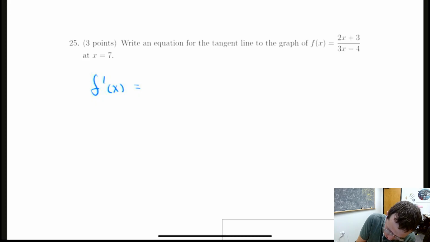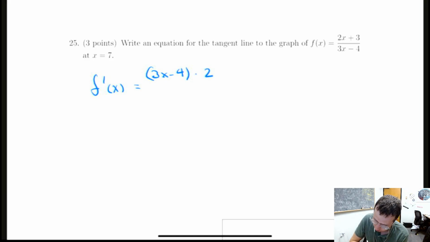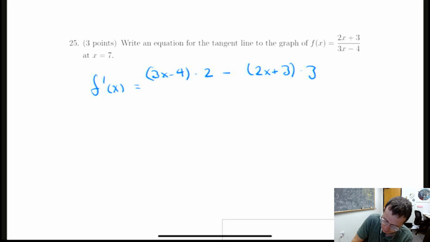So I'm going to use the quotient rule to differentiate this, 2x plus 3 over 3x minus 4. And that gives me the denominator times the derivative of the numerator minus the numerator times the derivative of the denominator.